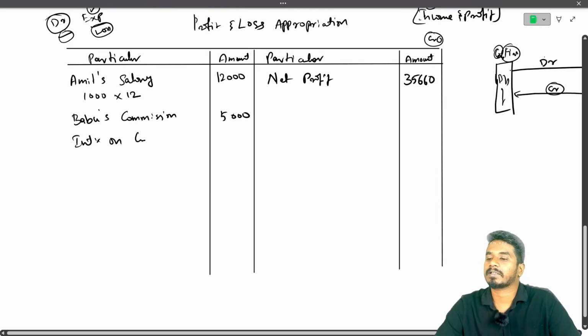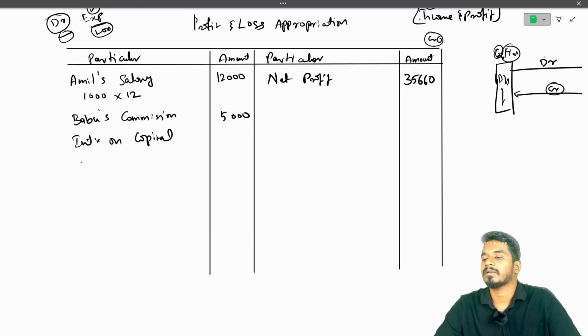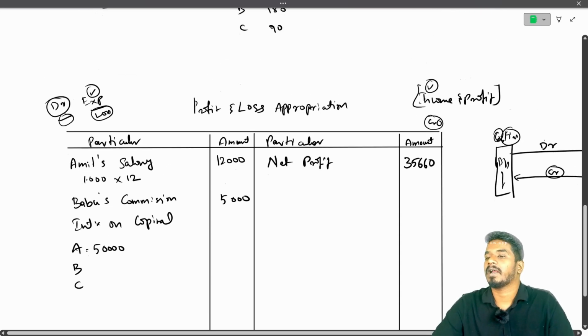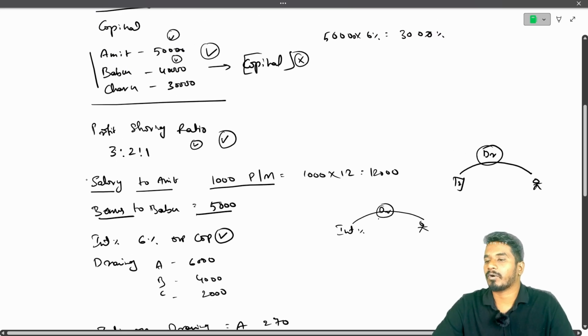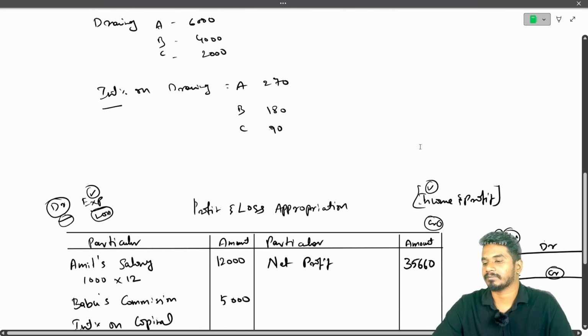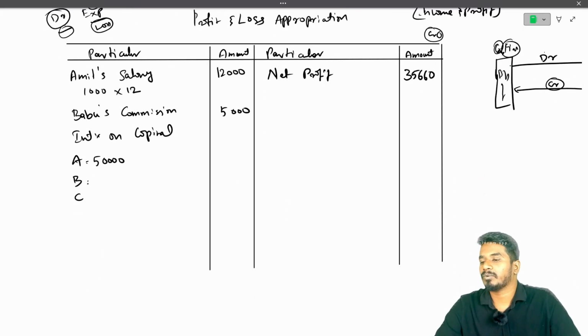Interest on capital for Amit, Babu, and Charu. So Amit's capital is 50,000, Babu invested 40,000 and Charu invested 30,000.